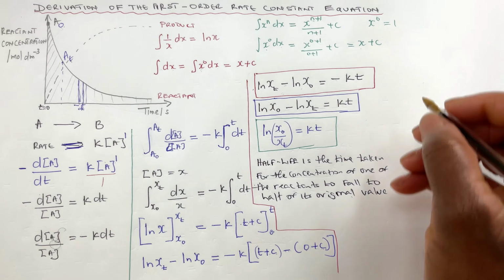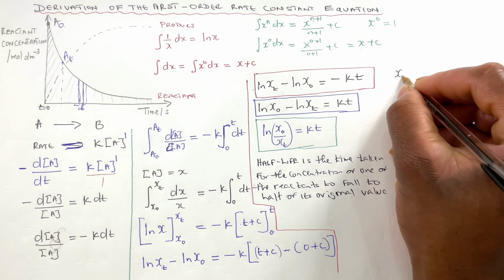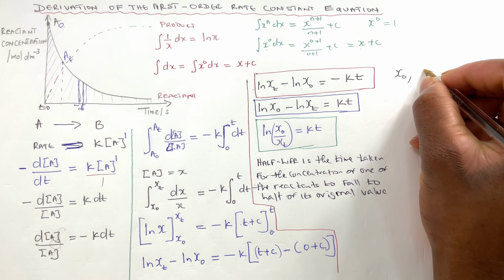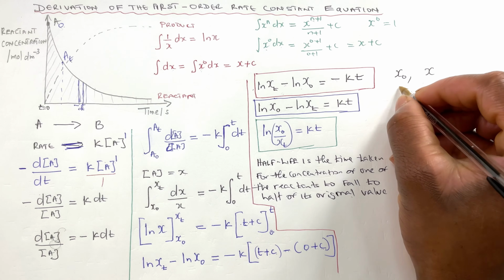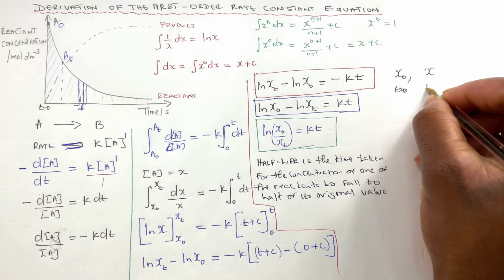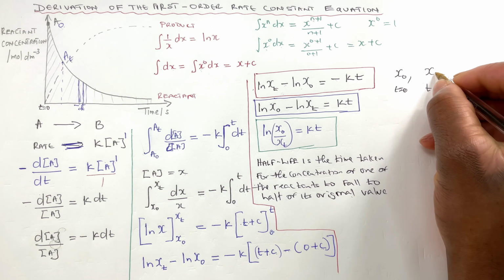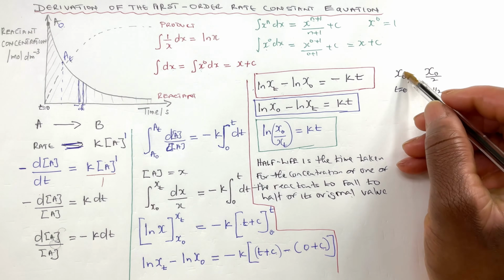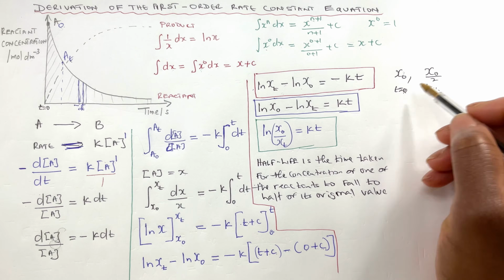Now if A is going to fall to half its original value, we could rewrite this equation using that. So what we're saying is, when this is x naught, half of this x is going to be x naught over 2. This is x naught at time t equal to 0, the original value, initial time.